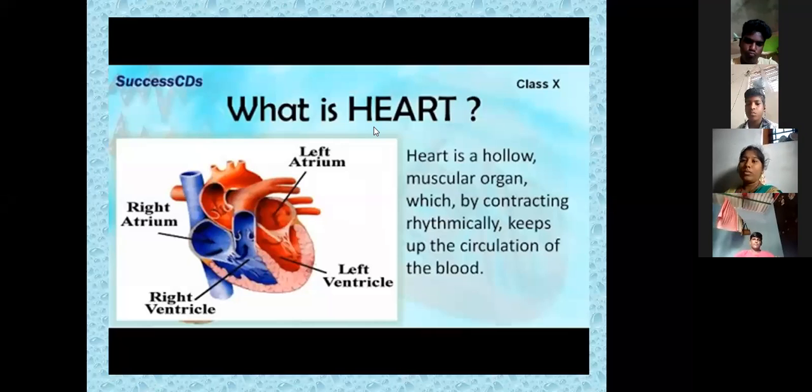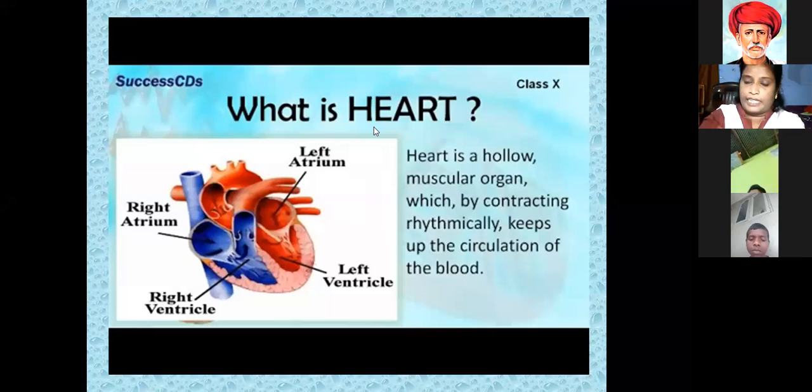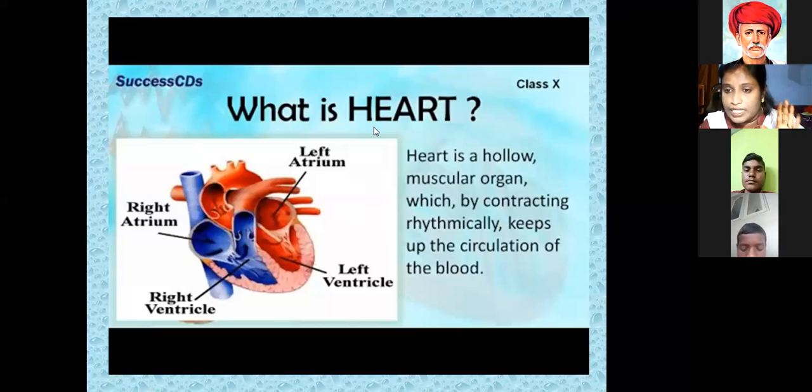By contracting and relaxing rhythmically, it keeps up the circulation of the blood through all parts of the body. The contraction and relaxation complete one heartbeat. You know that the blood circulates through all parts of the body. Okay, ma'am, are you able to understand this slide?